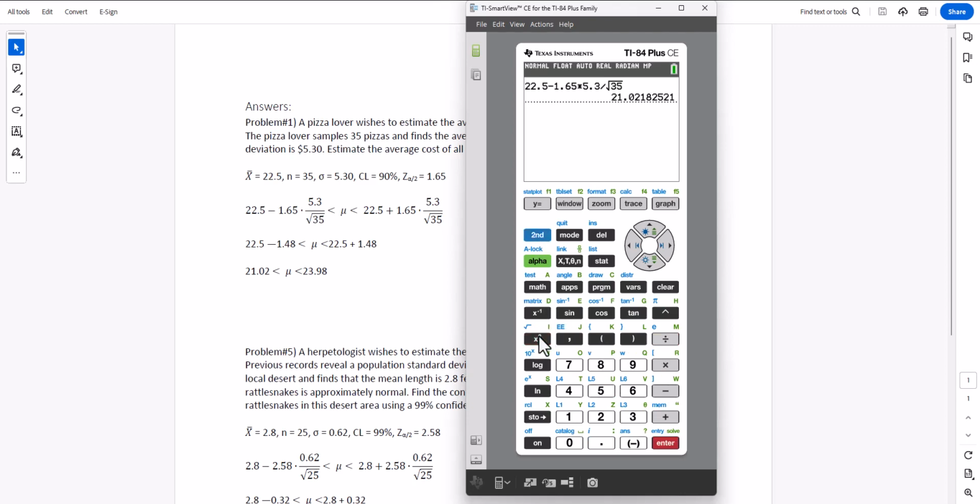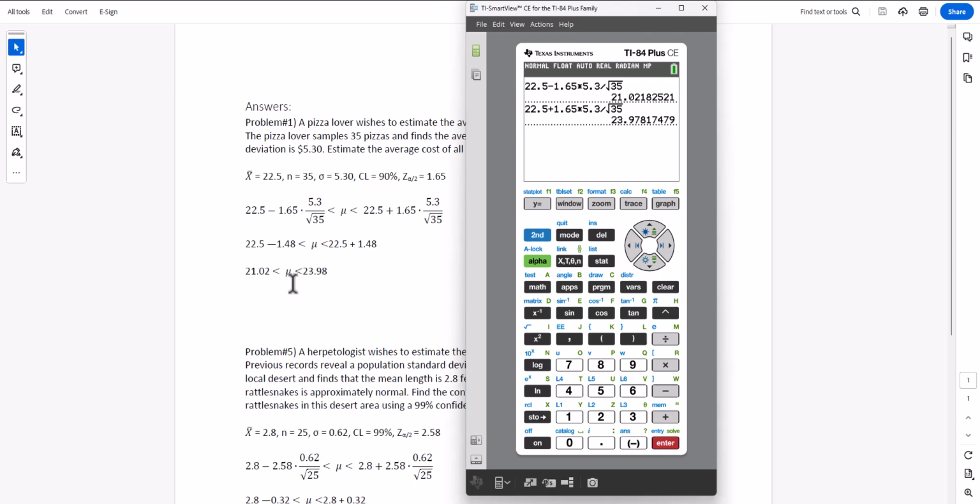Hit enter. We get the first limit, 21.02. Now we can select the equation and then go back and edit it, change the minus to a plus to get the right endpoint, 23.98. I'm rounding to 2 decimals.